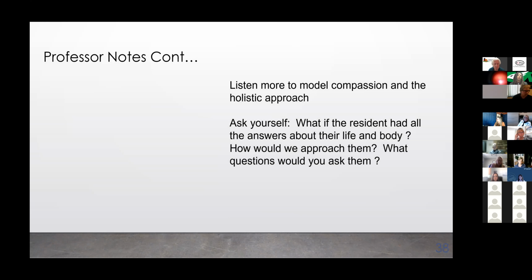Okay, so yeah, listen more, model listening. Ask yourself, what if the resident had all the answers? This is related to that patient-centered care, right? What if that person had all the answers about their life and body? How would you approach them? What questions would you ask them? You know, like that's coming in from a perspective of, you do have the answers.